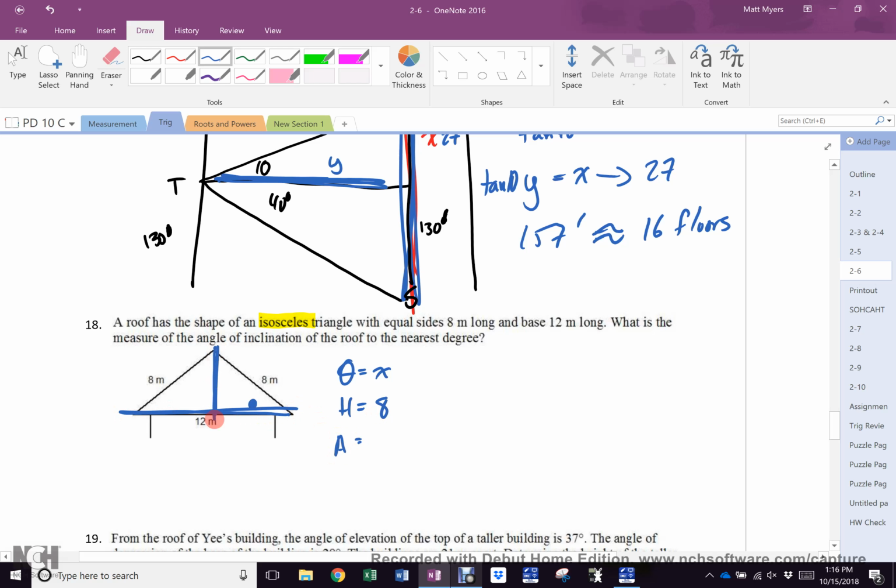So when you do that, what is your adjacent? 6. What uses A and H? Cos. Shift cos of 6/8 is 53.41. Yes. It's a guess. When we get to reviewing for this test, I'll show you how I'm able to get close.